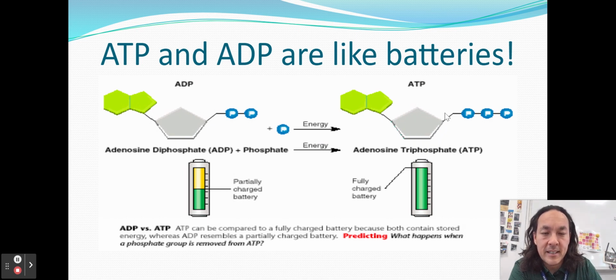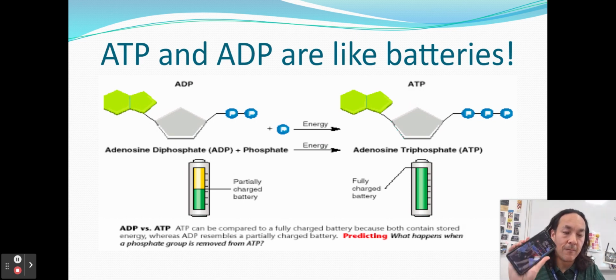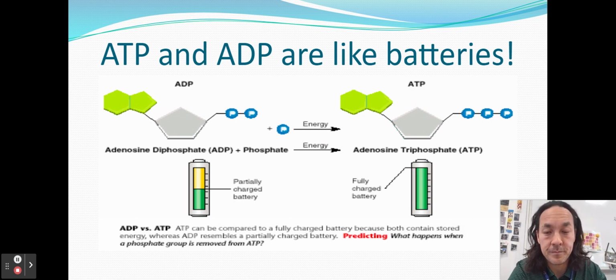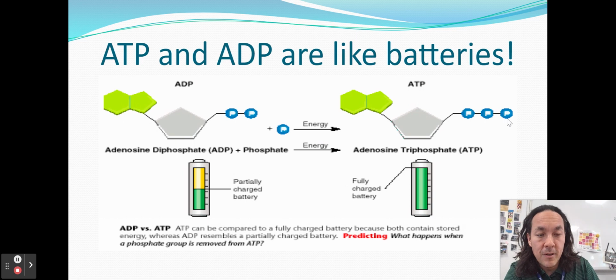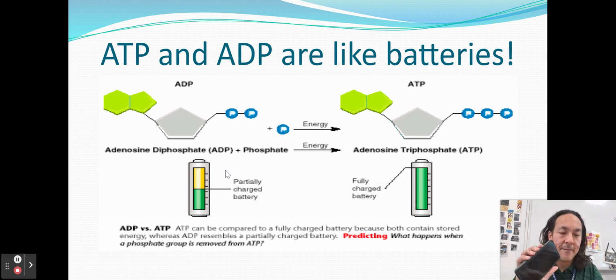And then it's going to be connected to either 1, 2, or 3 phosphate groups. And if you have 3 phosphate groups, I want you to think about that as your cell phone fully charged, 100% battery, good to go. If you remove one of those phosphates, it becomes ADP, and it has now become half charged.